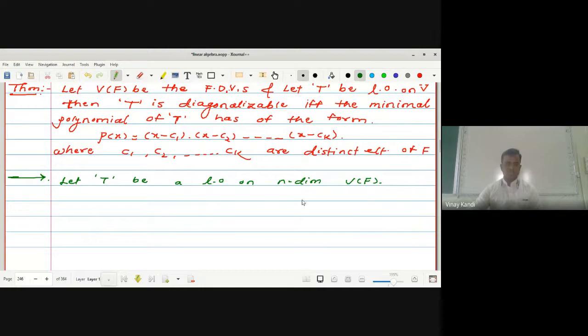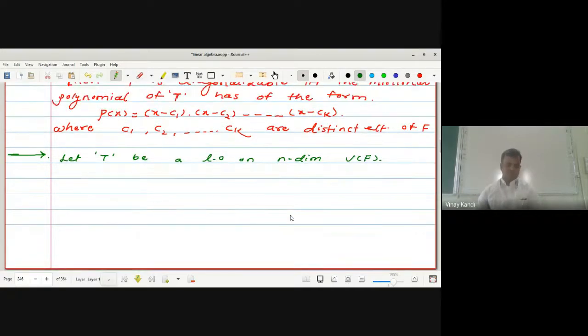That is the necessary part we have to do. So assume that T is diagonalizable, and we have to prove that p(x) is the minimal polynomial.